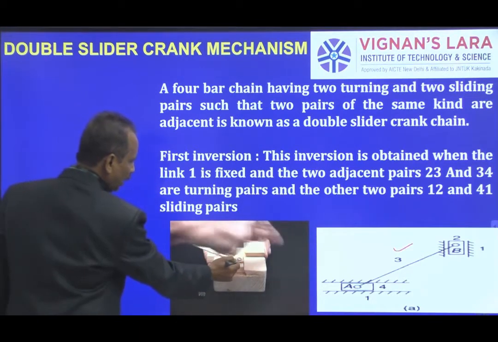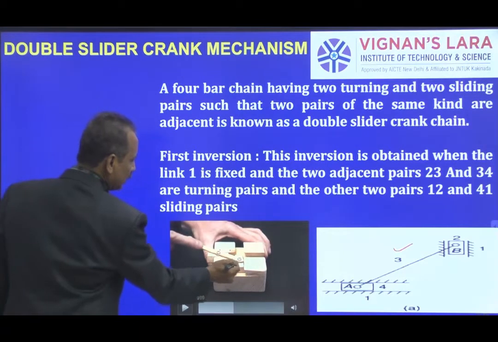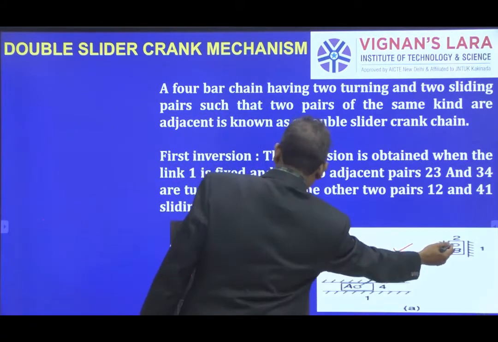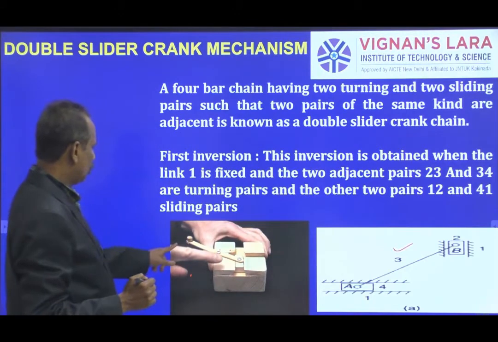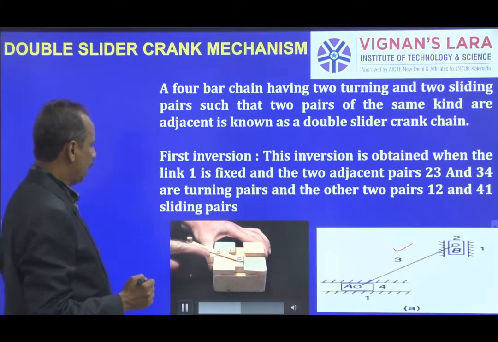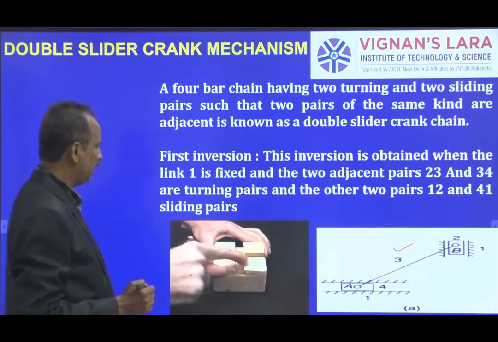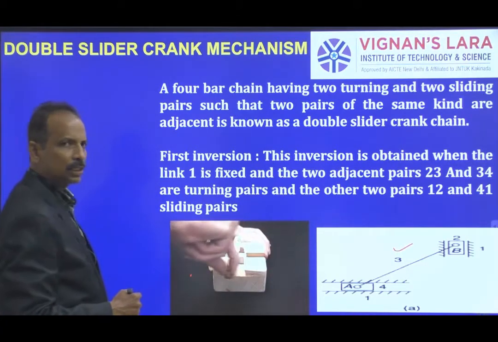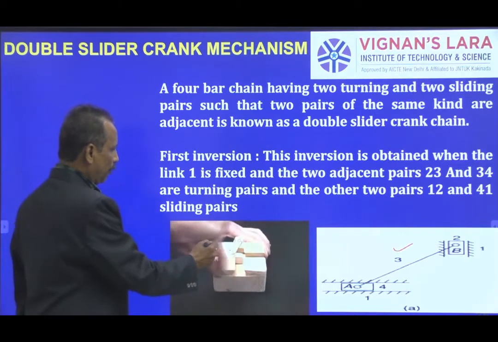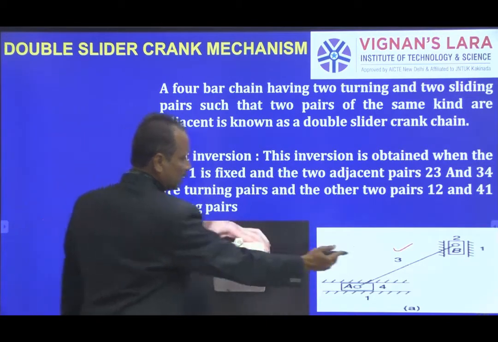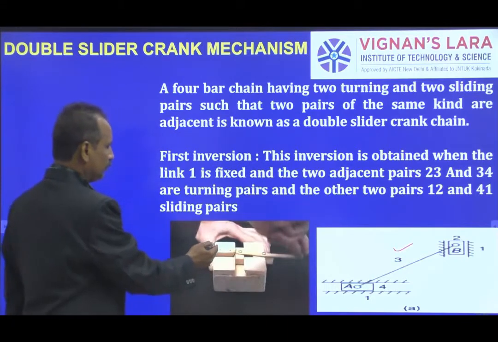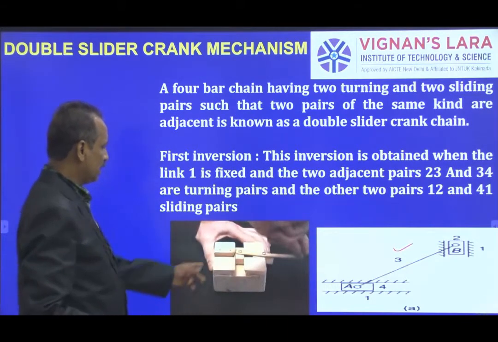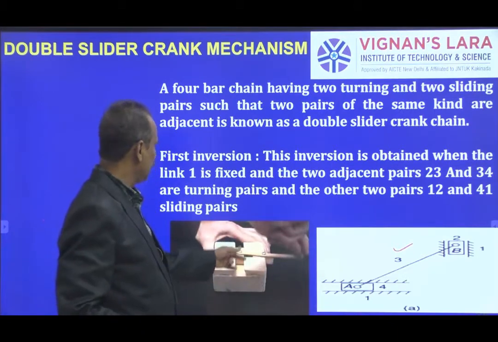You can see the 2 sliders here and here, and those sliders are sliding in the slots provided. One is a vertical slot, another is a horizontal slot, and by revolving link 3, these 2 sliders slide in these guideways or slots provided here.